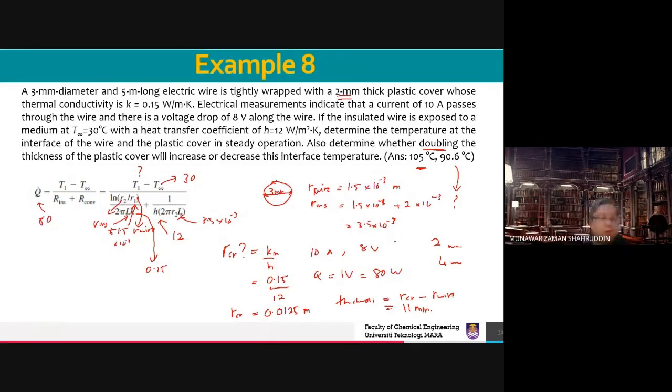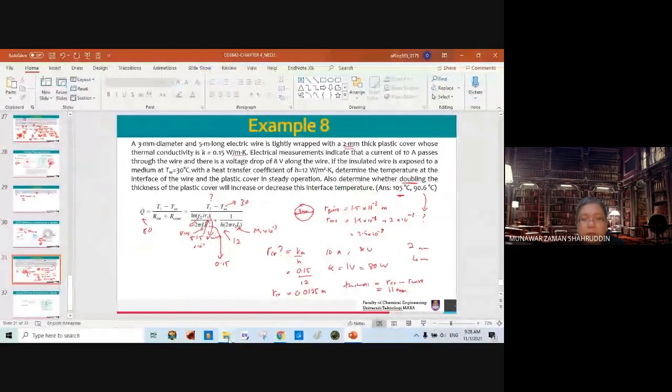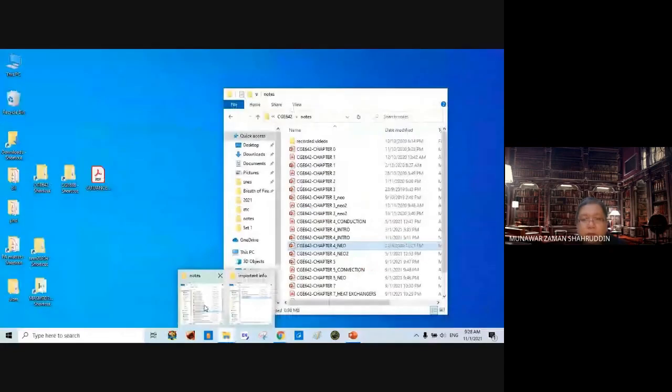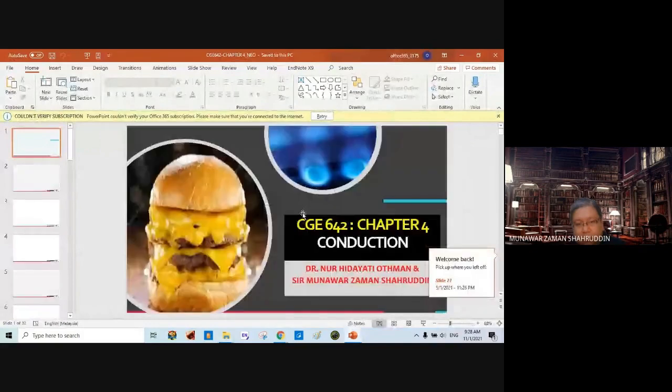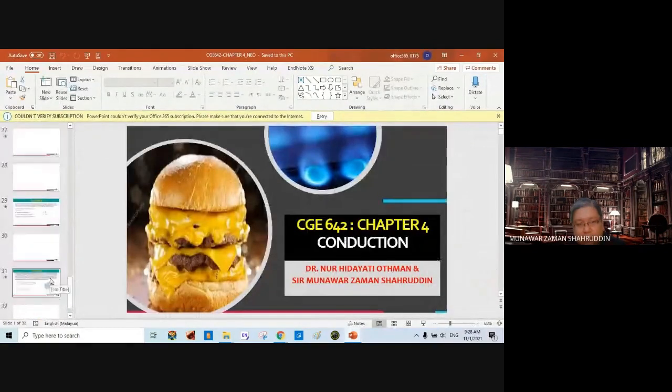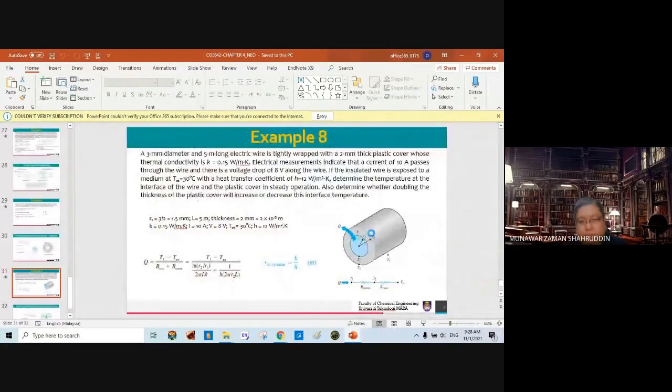I think I can show you the scenario. Okay, I think this is the best. Will work with this Excel.